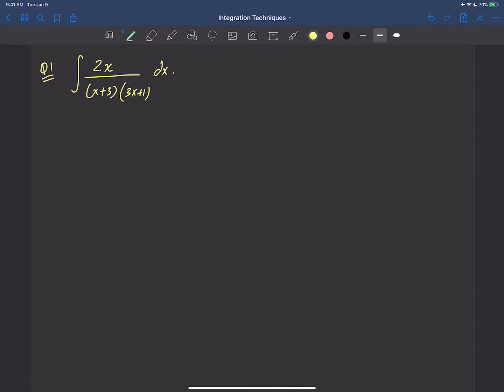What we want to do is say that 2x over x plus 3 and 3x plus 1 could be decomposed into two separate fractions, okay? One of the factors needs to be x plus 3, and the other factor is going to be 3x plus 1, right? And because both of these factors are linears, the tops have to be one less, which is constants. So we got these. Cool.